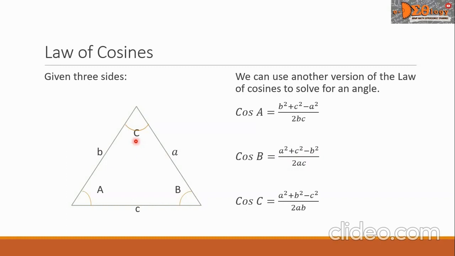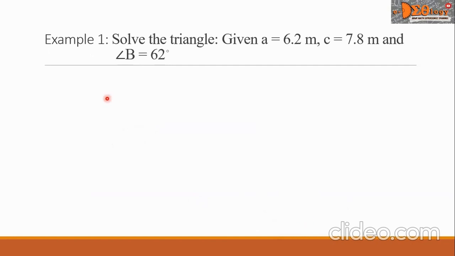And if we want to get angle C, the formula is cosine C equals A squared plus B squared minus C squared all over 2AB. Let us now see example 1.